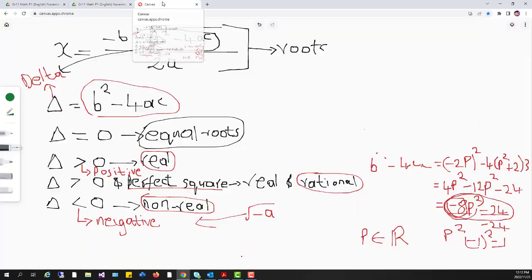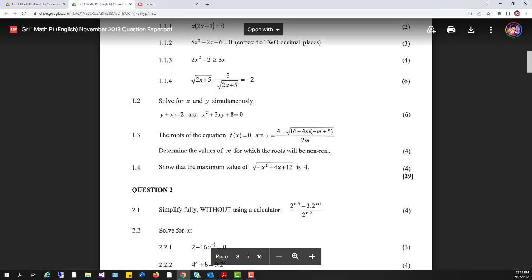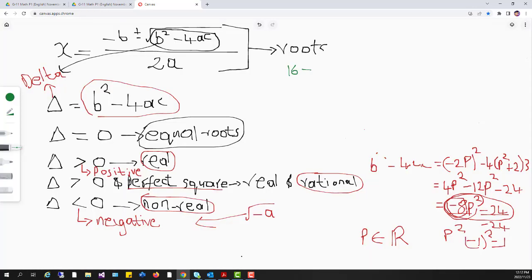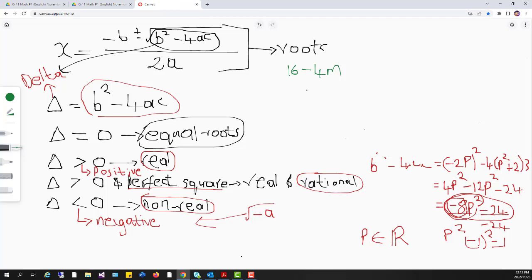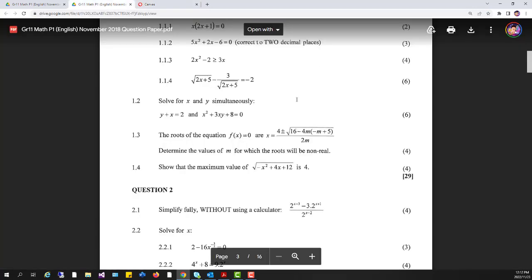So that expression of delta is 16 minus 4m into minus m plus 5. So we've taken out the delta part. It's the expression inside the square root.